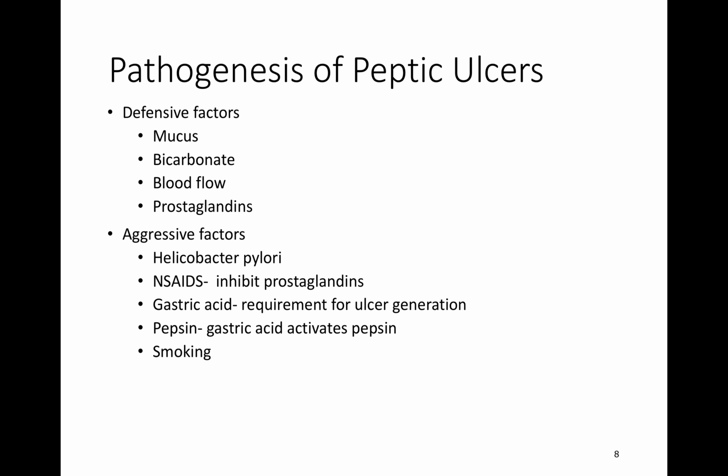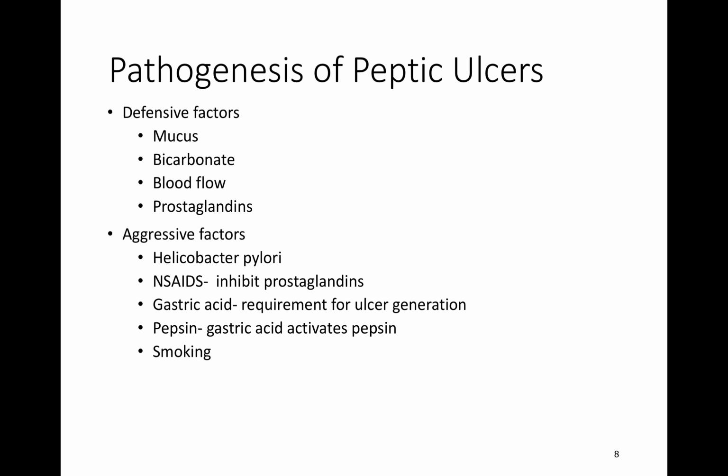And how do they protect us? They serve the physiological role of protecting the stomach and duodenum from autodigestion. When mucus, bicarb, blood flow, and prostaglandins are intact, ulcers are very unlikely to happen because of the protective defensive mechanisms. When they're down or low, the aggressive factors are able to cause injury. So let's look at the defensive factors real quick.